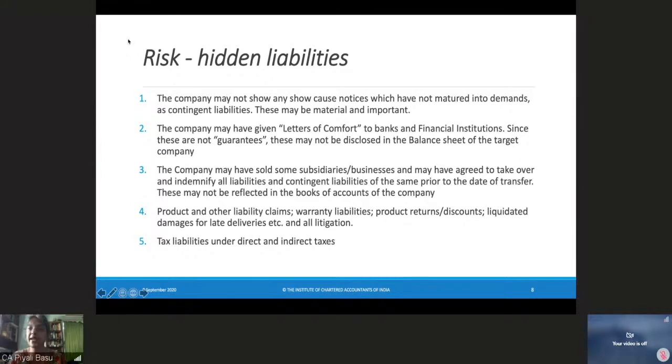A provision is made. Many a times, a debtor balance which is outstanding for more than 10 years, you will try to find out and analyze, those are liquidated damage cases. They're never going to recover it, but they're still showing it as their asset.